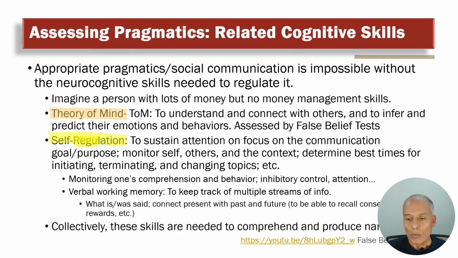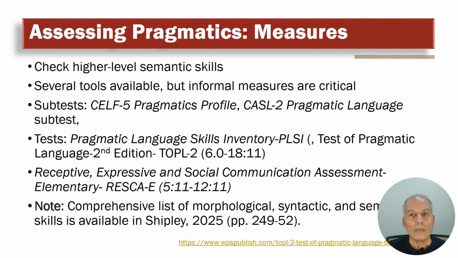Okay, so there are many measures for pragmatics, and before you start to analyze, not to test, to analyze, you need to go back to semantic skills. Does the person have adequate vocabulary?